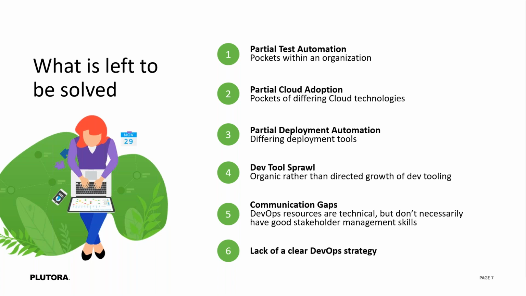Leads us nicely onto the next one, which is dev tool sprawl. This is really around everyone feeling that another tool's the answer, so they all get in their different development tools. You've got predominantly Jira, but everyone's got different instances of Jira with different projects doing different things.